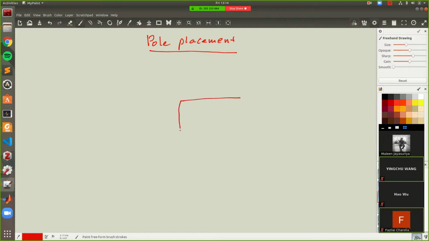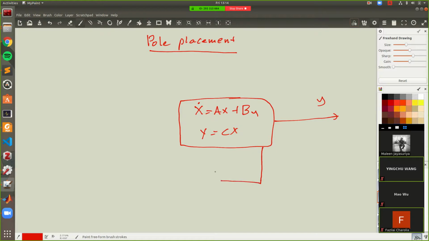So imagine we have a system. What we do in pole placement is we take a state vector, right?